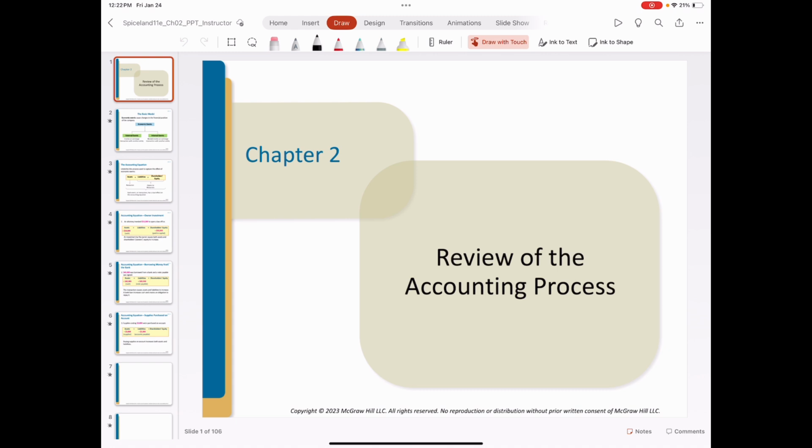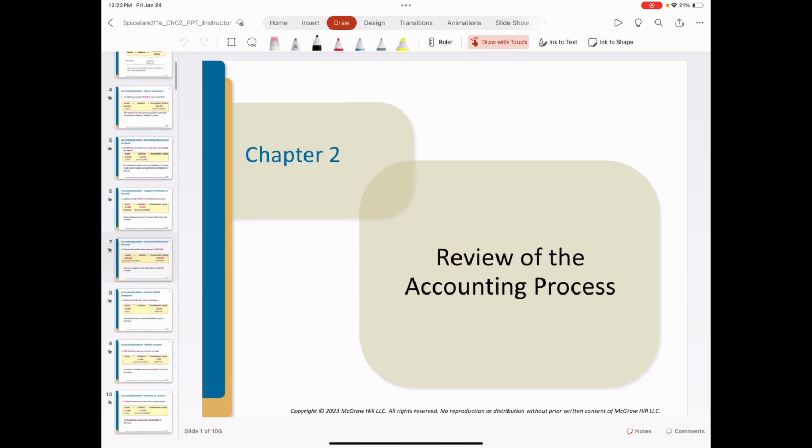So I will introduce how to prepare financial statements manually through the raw material of financial statements, the transactions and events, although these procedures are implemented by machines nowadays.